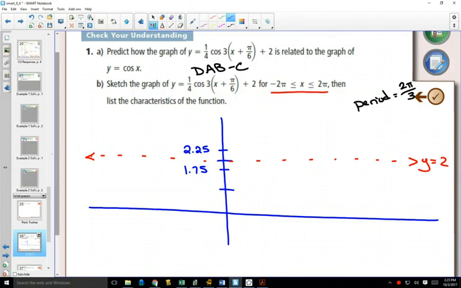Now, before I label that, in the end, I want to graph this from negative 2 pi all the way to 2 pi. That's what the question has asked us for. Now, the period is 2 pi over 3. Where would 2 pi over 3 be on this scale?